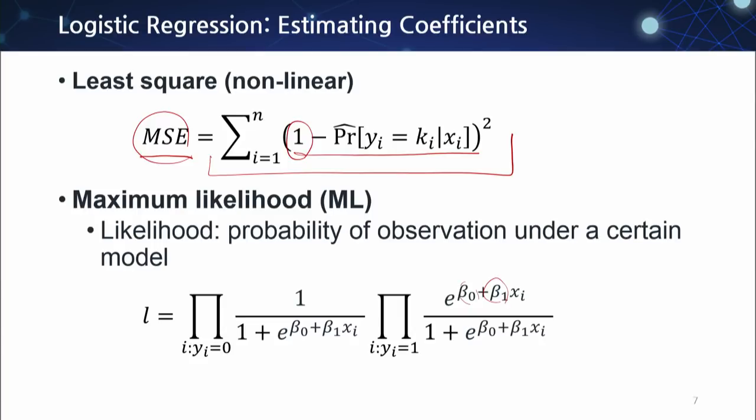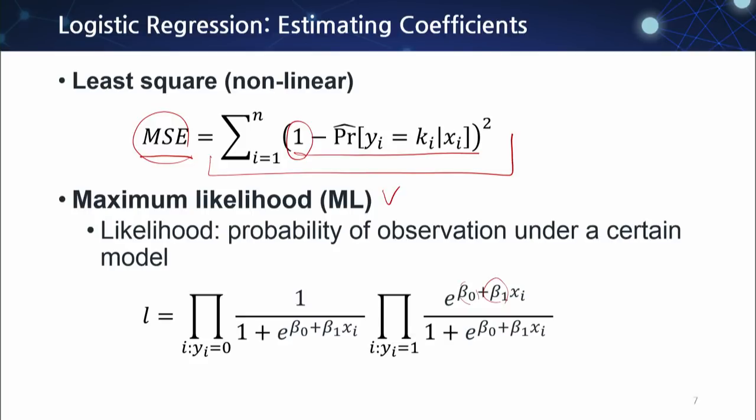However, practically, the calculation of this MSE minimization is not that easy. So instead of this least square approach, many people like to use the other approach, which is the maximum likelihood approach. Likelihood can be defined as the probability to observe the currently observed data under a certain model.